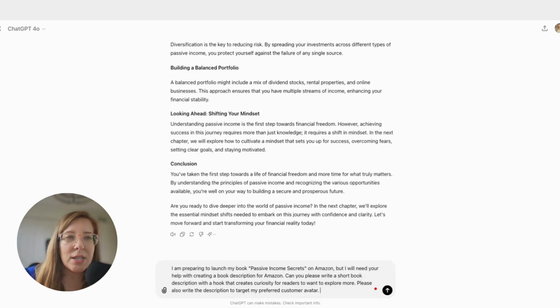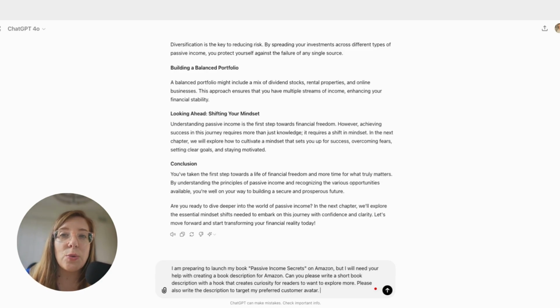So I'm using this prompt because I want to give all the possible information that I can. I want to tell ChatGPT that this description is for a book description on Amazon. I want to remind it of what the book name is so it stays on the topic and doesn't deviate. I want to also make sure that it's going to include a hook because I don't want it to miss that essential piece of information.